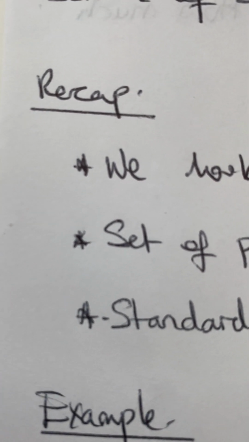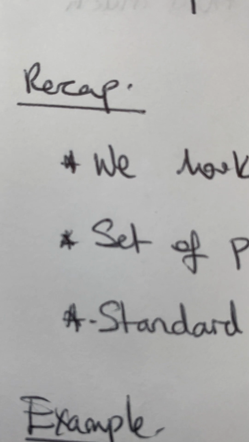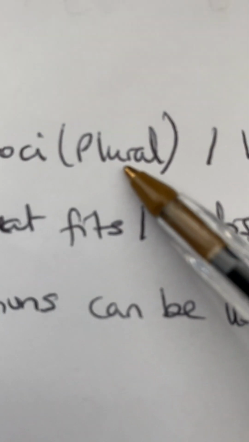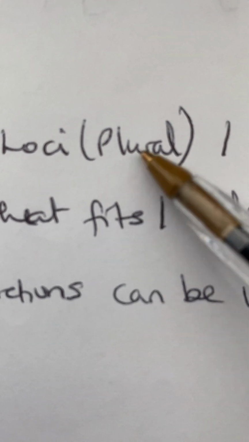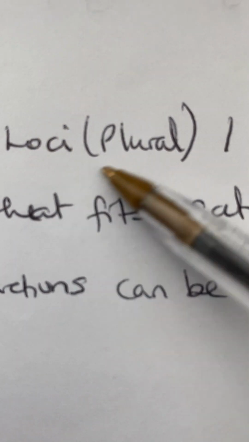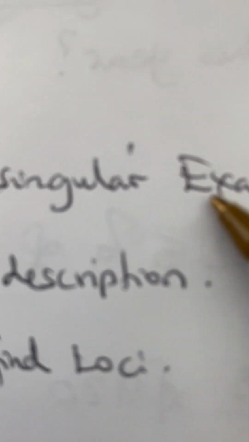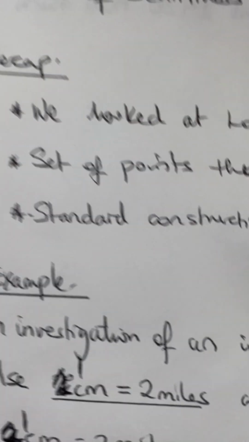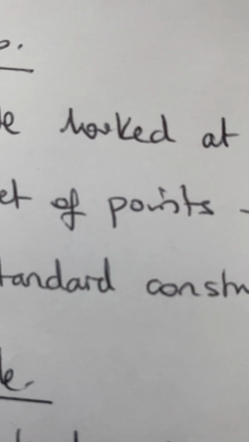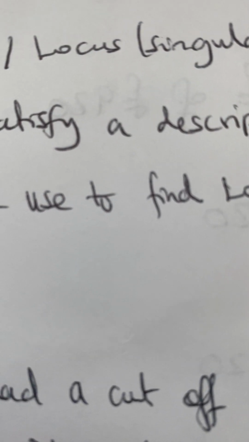Recap. Last lesson we looked at the topic loci, and we said loci is plural, but locus is the singular. And we looked at some examples. We said there are a set of points that fit or satisfy a description.